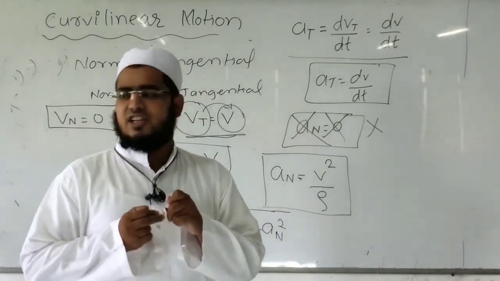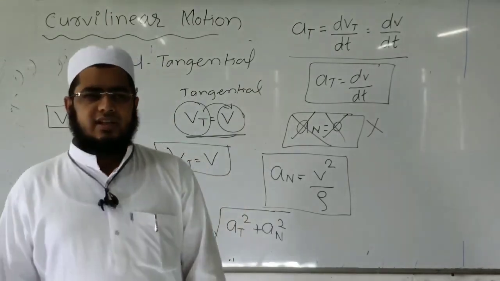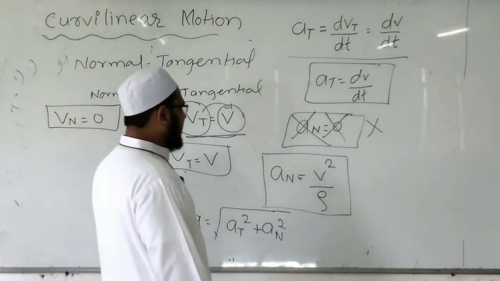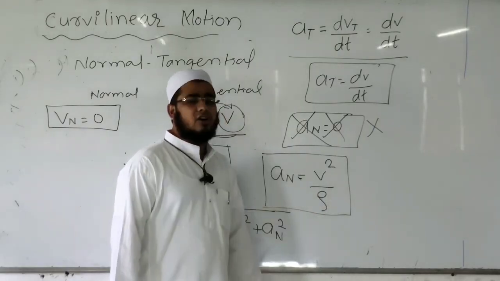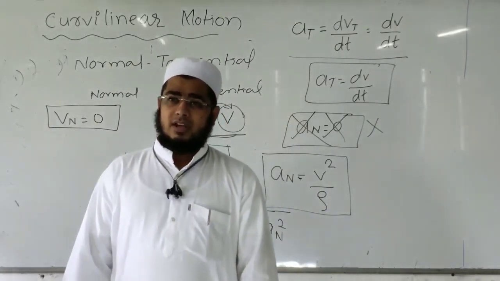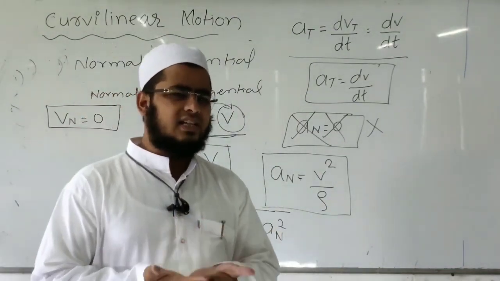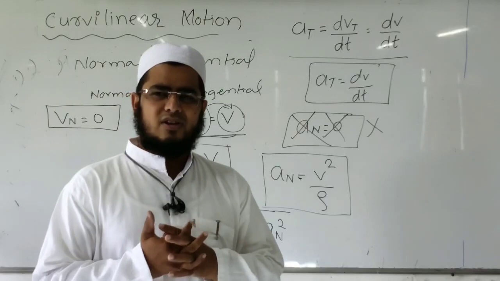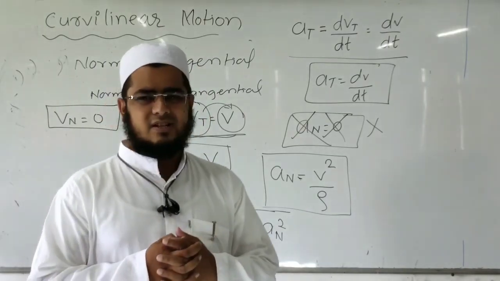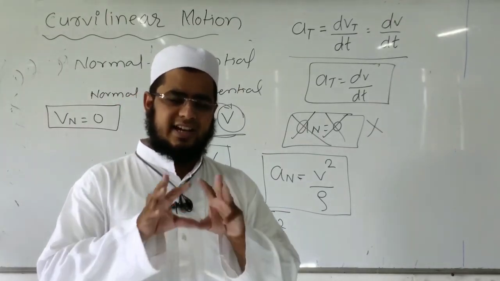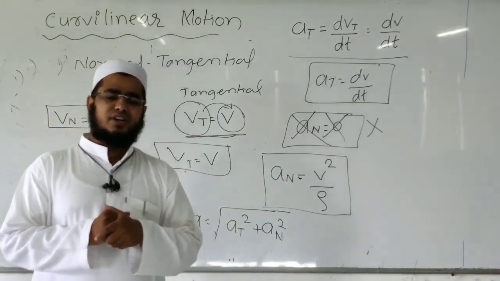Where the normal and tangential coordinate system is required, whenever in the problem statement the radius is required to find, then you can use this expression. Because in the rectangular coordinate system, there is no formula in which rho or radius is present. All are interrelated with the horizontal component and vertical component.